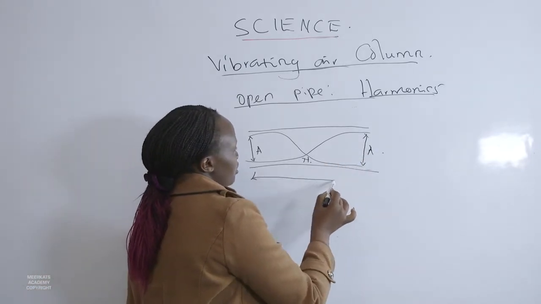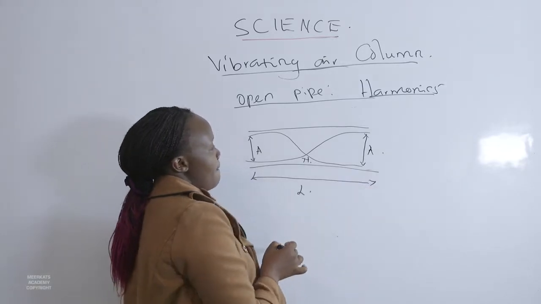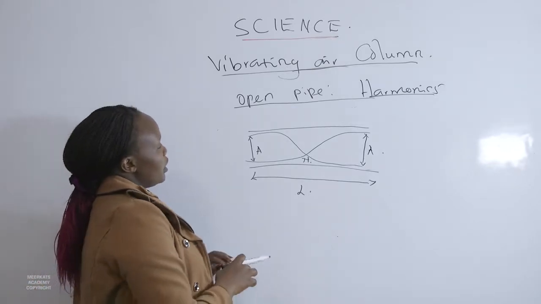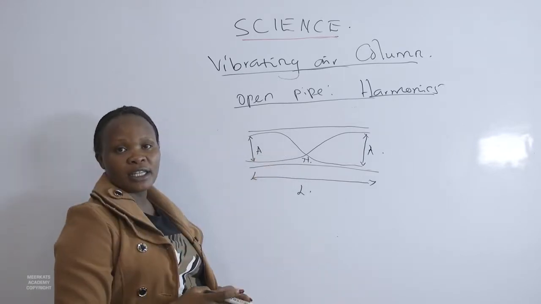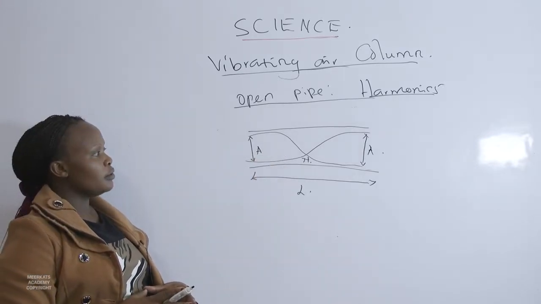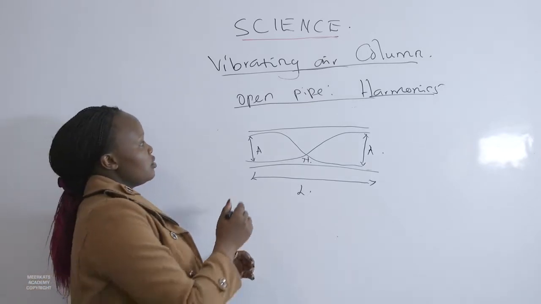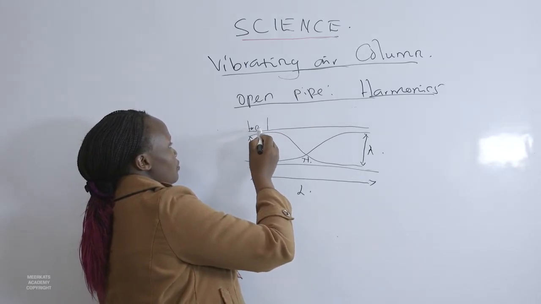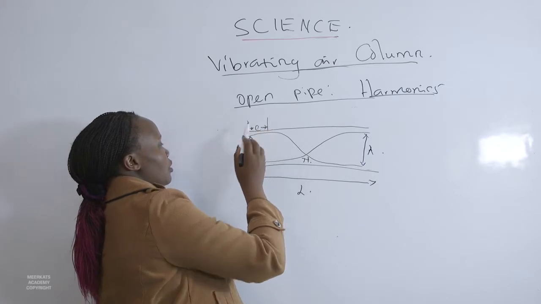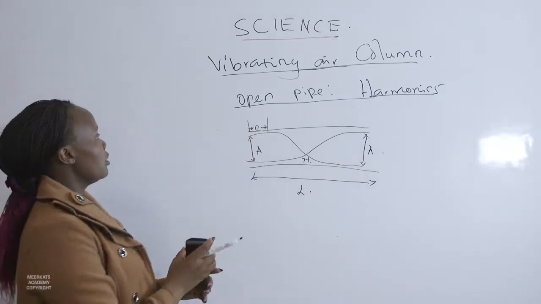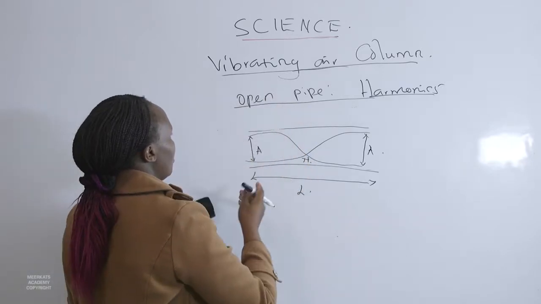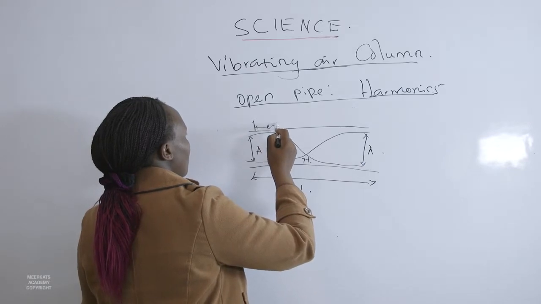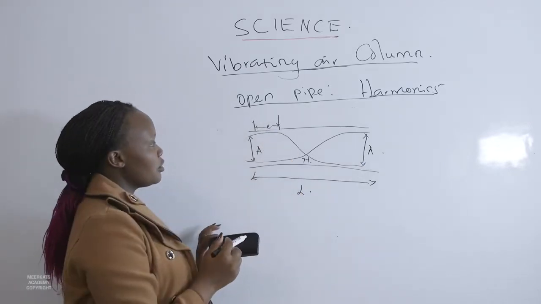Again, we call this one L. We will also like to appreciate the fact that the antinodes do not necessarily form at the end of the pipe, and therefore we want to introduce an end correction.